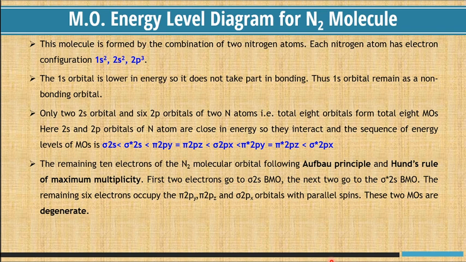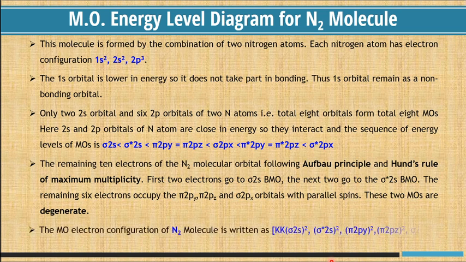The pi orbitals are degenerate molecular orbitals. The MO electronic configuration of the N2 molecule is written as KK sigma 2s2, sigma star 2s2, pi 2py2, pi 2pz2, sigma 2px2.